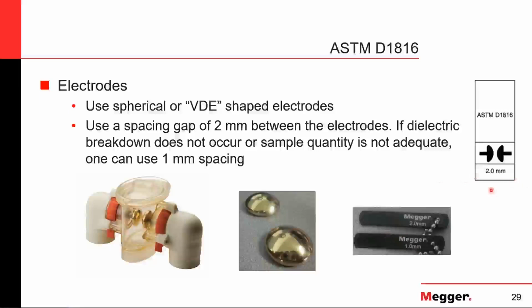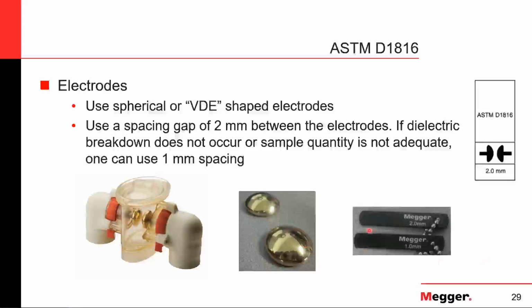I will also say that when using ASTM D877, the sensitivity to contaminants and moisture decreases when the test voltage is above 25 kilovolts. Another important difference is that for ASTM D1816, we use an impeller.